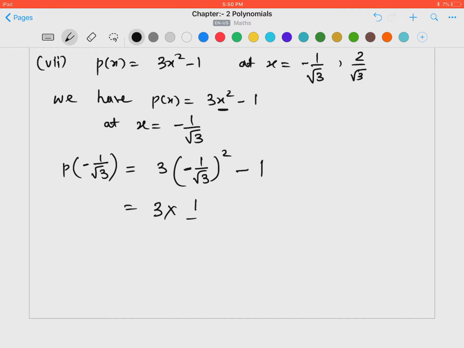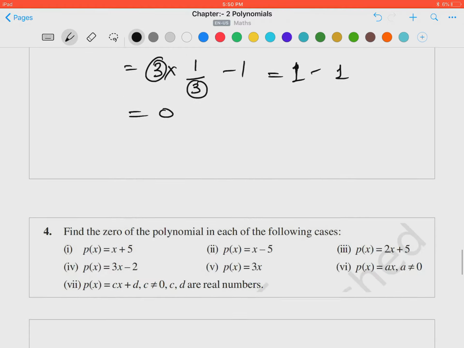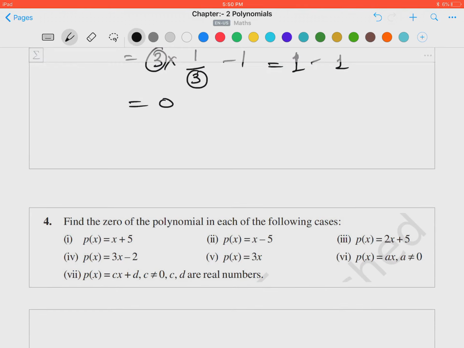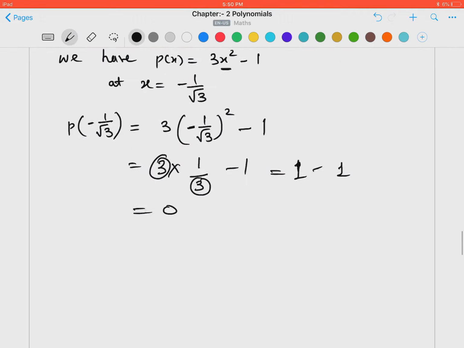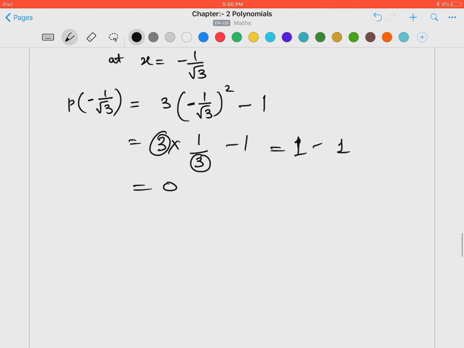So 1 square is 1 and root 3 square is 3, minus 1. These two 3's will be cancelled out. So what will remain is 1 minus 1, and 1 minus 1 is 0. That means the value of this polynomial becomes 0. This implies that minus 1 by root 3 is a zero of this given polynomial.